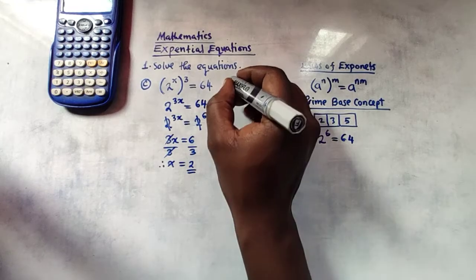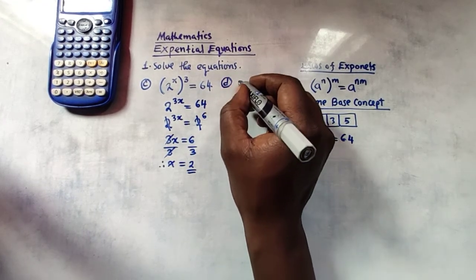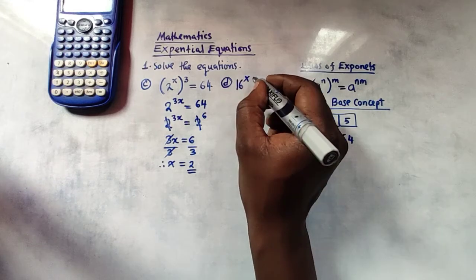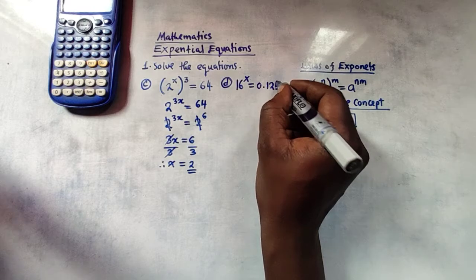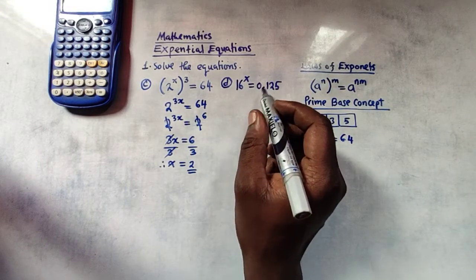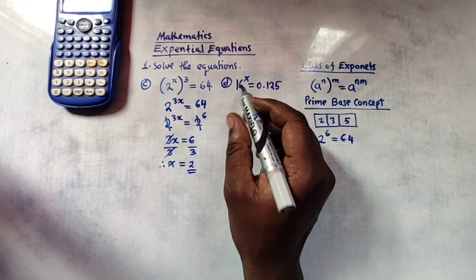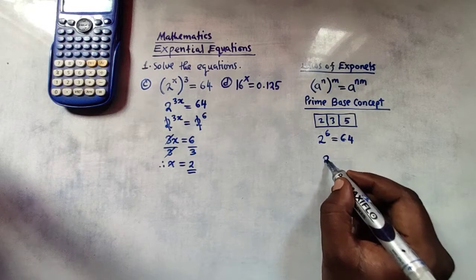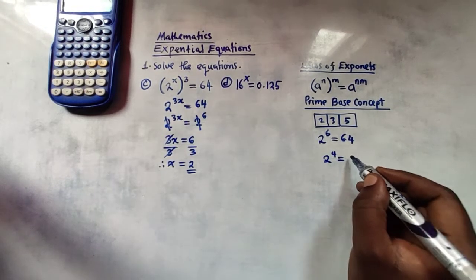Without wasting time, we can look at the solution for D. I gave you the equation 16^x is equal to 0.125. First, let me express 16 in prime base concept: 2 raised to the power 4 gives me 16.